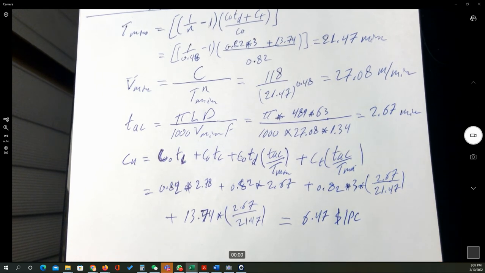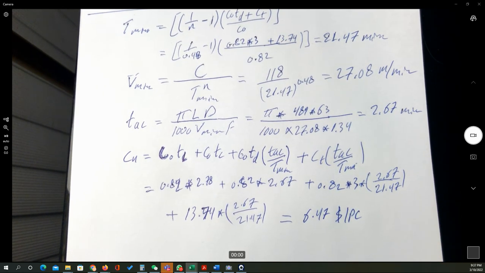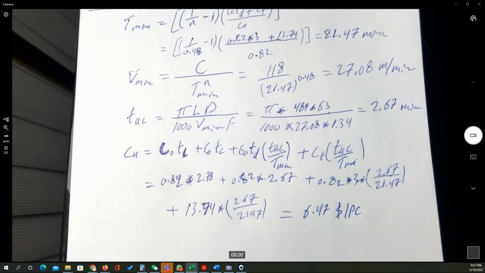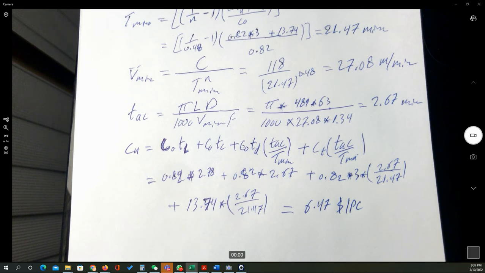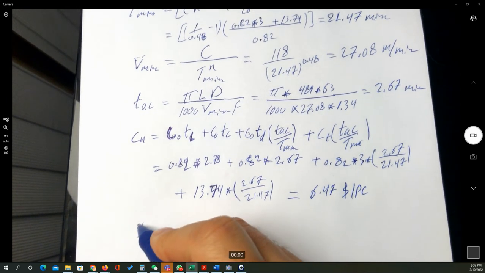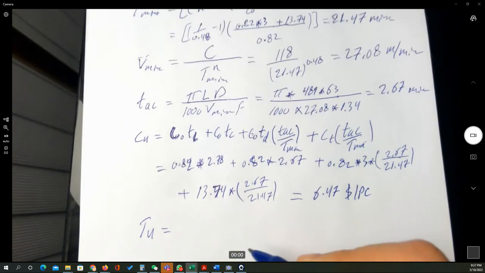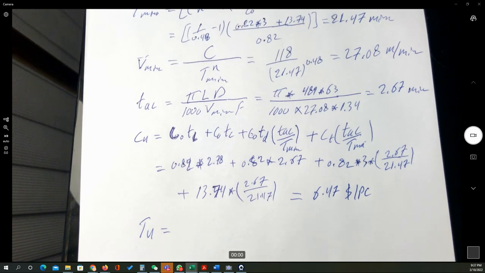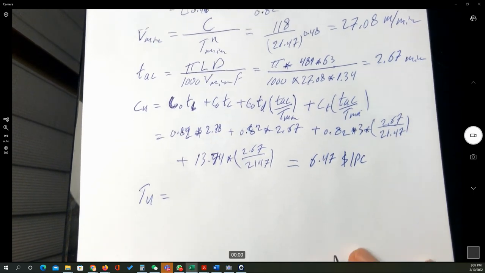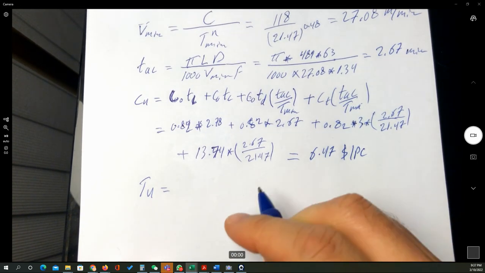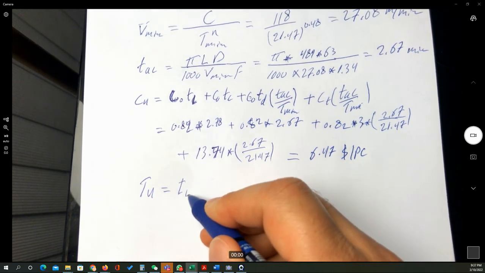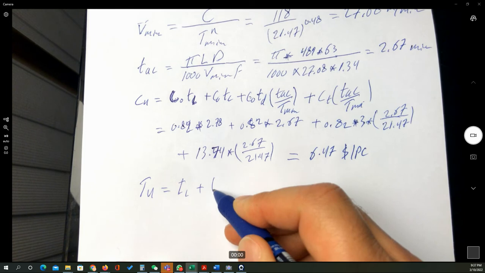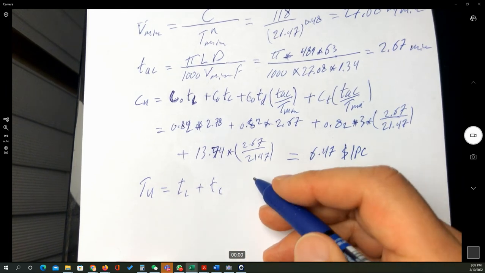Okay. Now we need to find the value for the TU, the time required to manufacture one piece. The TU is going to be equal to the TL, the time for the loading and unloading, plus the TC, which is the time of the machining.